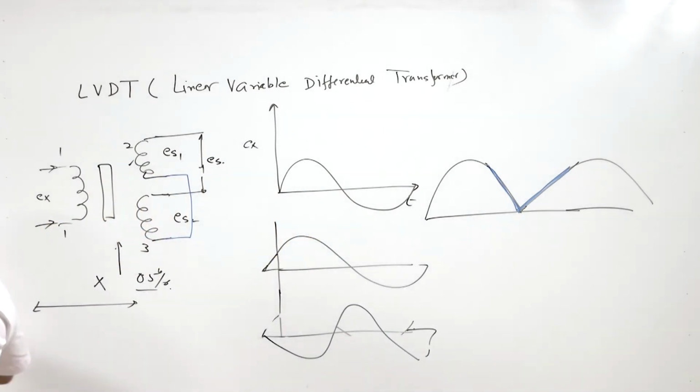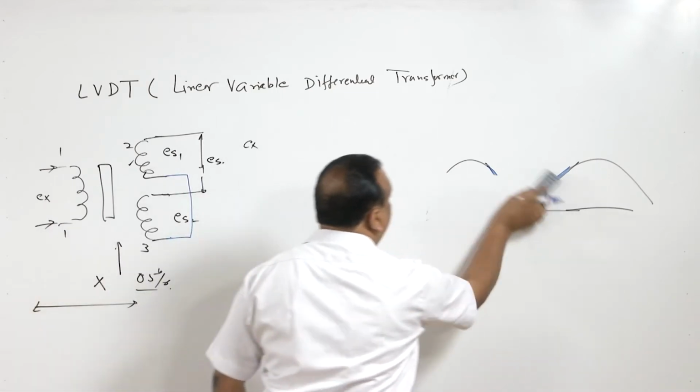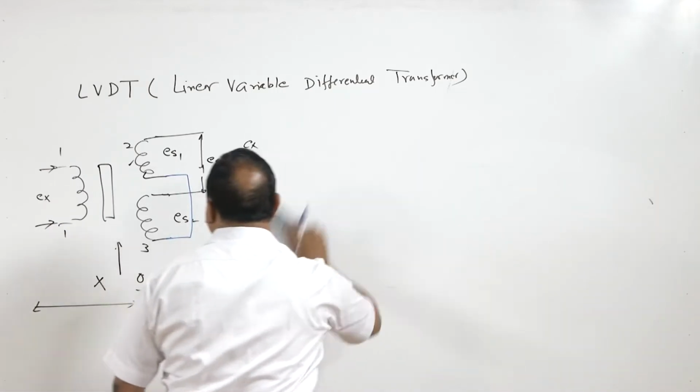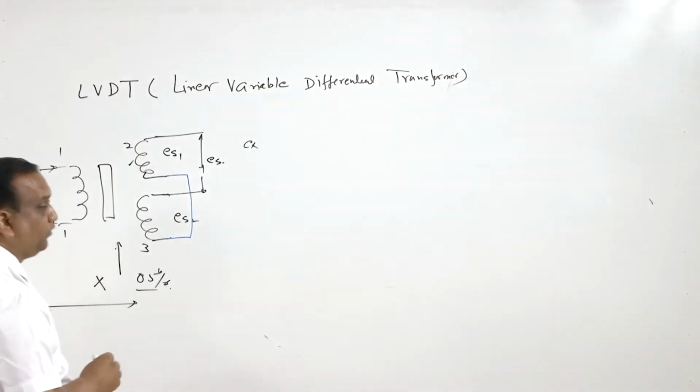Now, let us do some analytical work on this LVDT. First of all, we will apply Kirchhoff's law for the voltage loop.